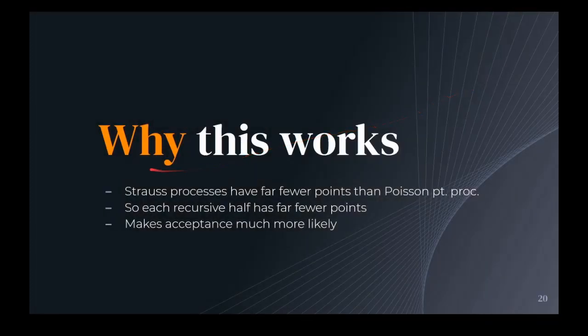So why does this work so well? Well, remember, Strauss processes have far fewer points than Poisson point processes. So that means that when I do the recursion, each half generated by the recursion has far fewer points than a direct Poisson point process. And that makes acceptance much more likely because I have fewer points that could be causing a problem.